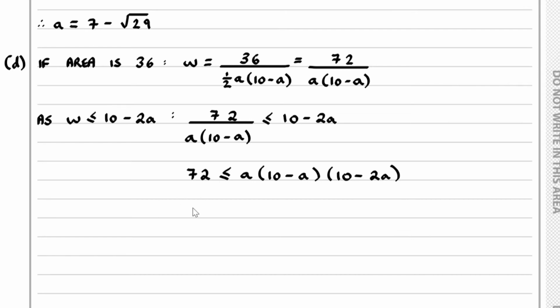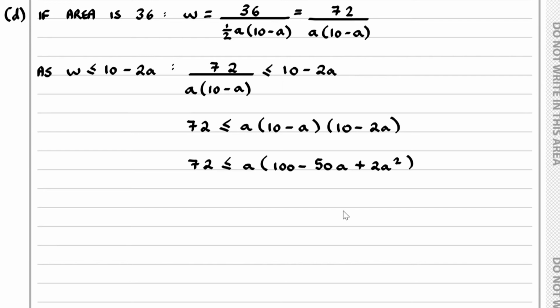So 72 is less than or equal to a multiplied by 100, subtract, oh here we've got 40 minus another 10, so that's minus 50a plus 2a squared.